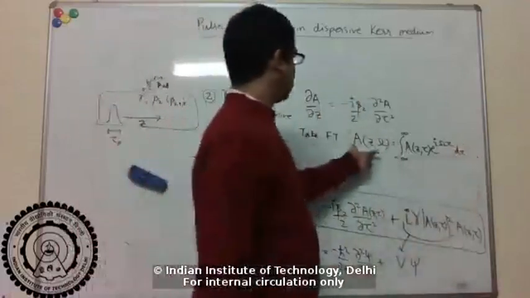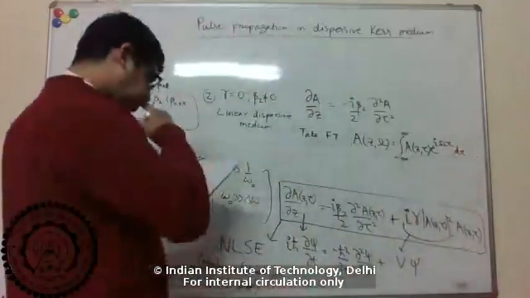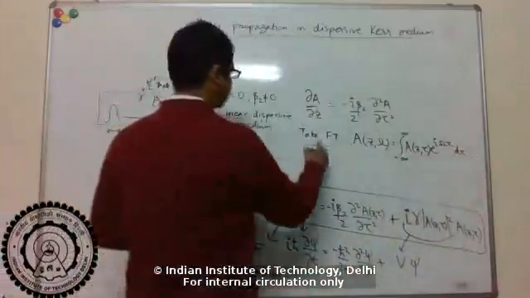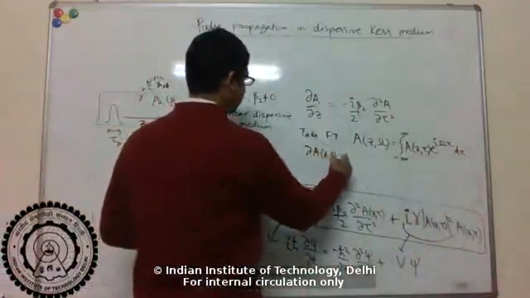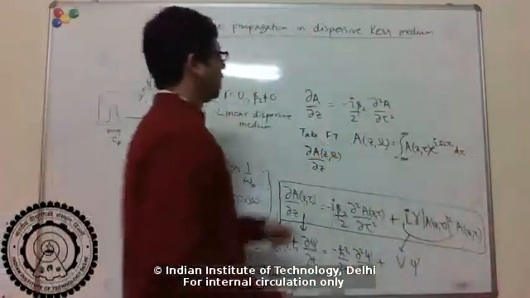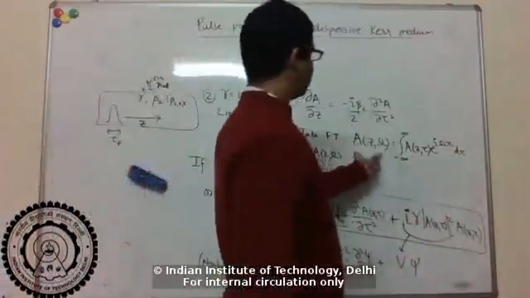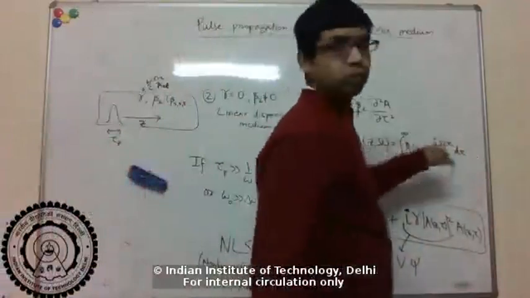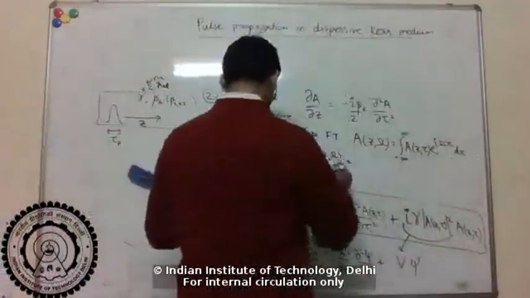Right. So we take the Fourier transform. Then this is derivative with respect to z, so that remains like that, except now we have A of omega. Here we have a double derivative with time, right? So if we take double derivative with time, we get again 2 factors of this omega in front, so we get an omega square.